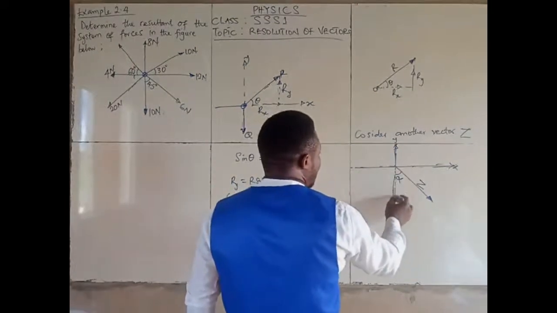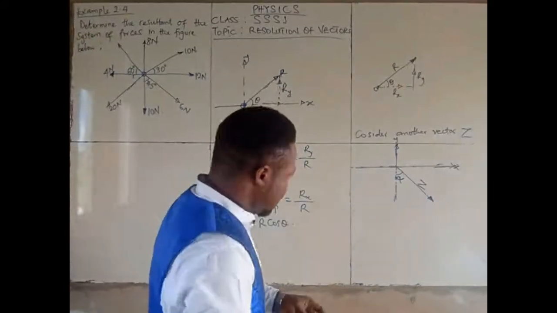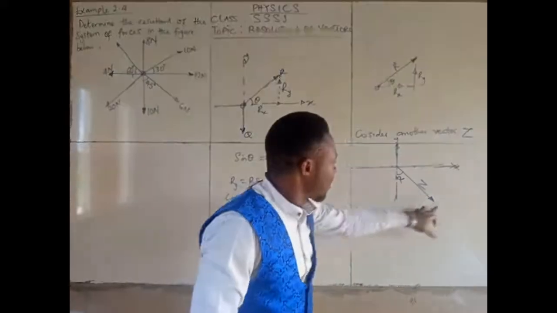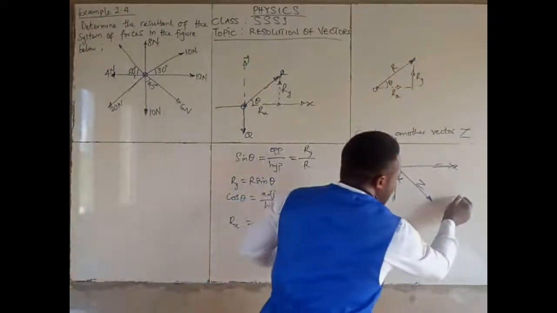Let's see what will happen. To trace any vector, we start from the origin and enclose this place. You will have something like this.